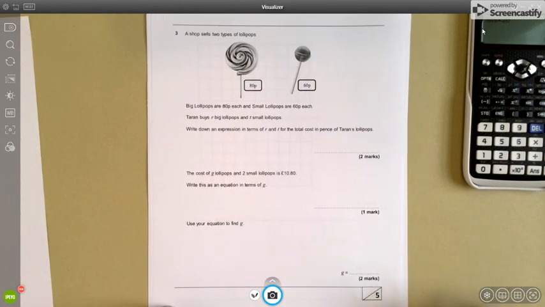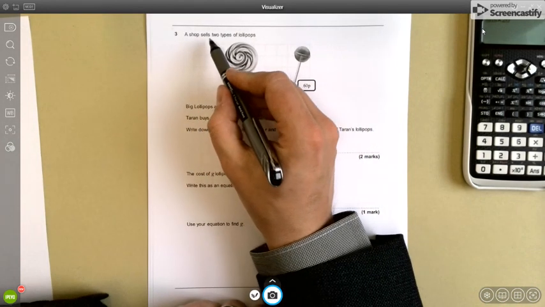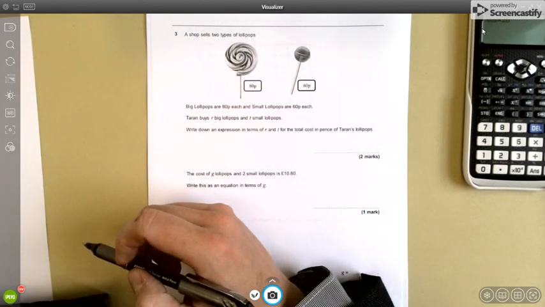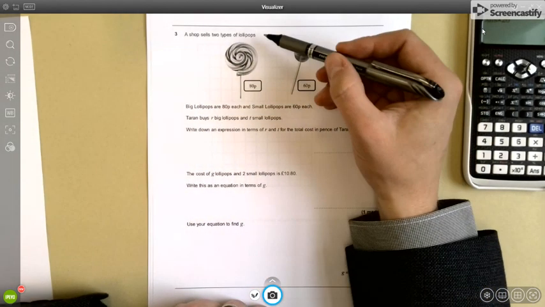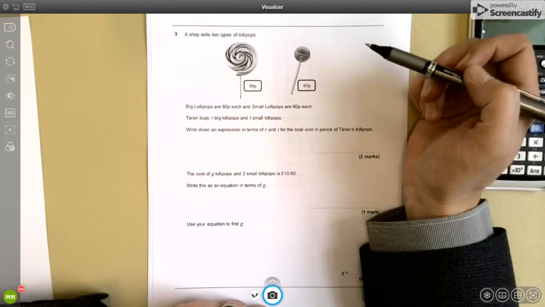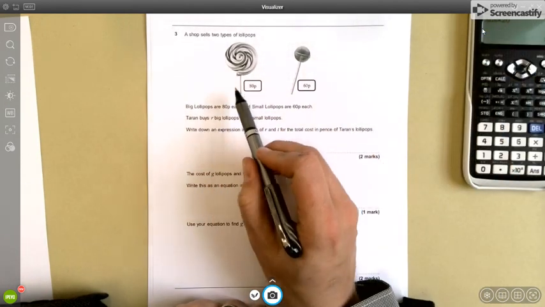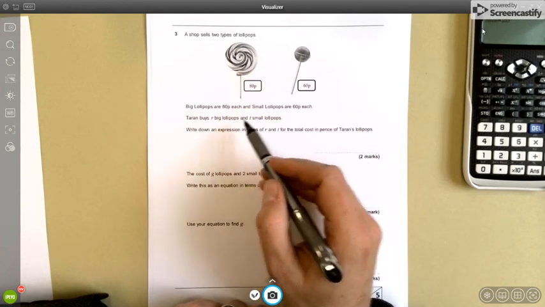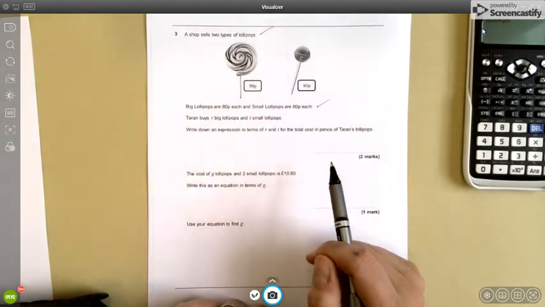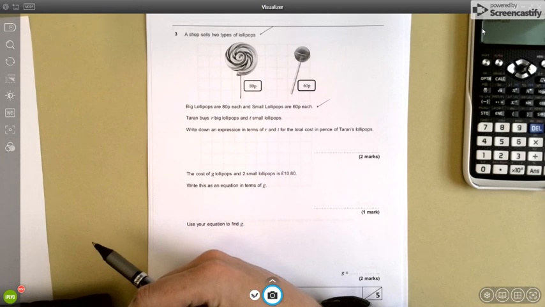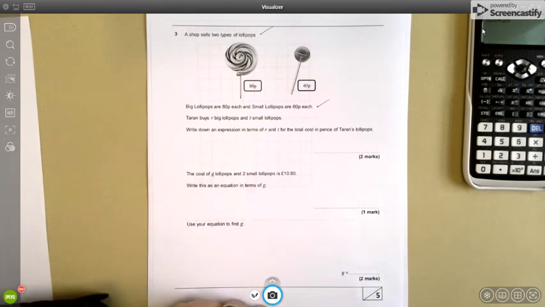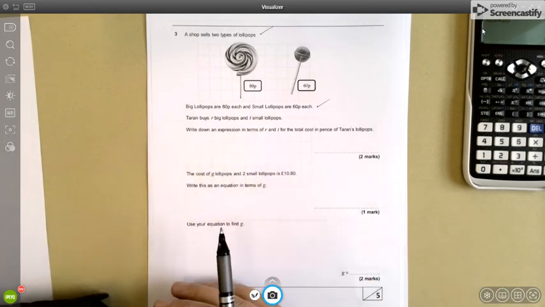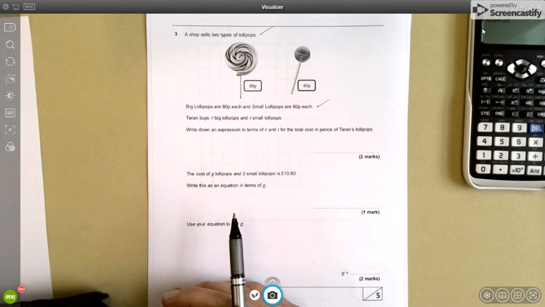The shop sells 2 types of lollipops. Great, thanks for letting me know about that. There's not really much information in there to highlight. Big lollipops are 80p, small are 60p. Yeah, we've got that in the diagram, so we've kind of dealt with that. Tom buys R big lollipops and T small lollipops. Okay, so we've got some algebra. Write down an expression in terms of R and T for the total cost in pence of Tom's lollipops.